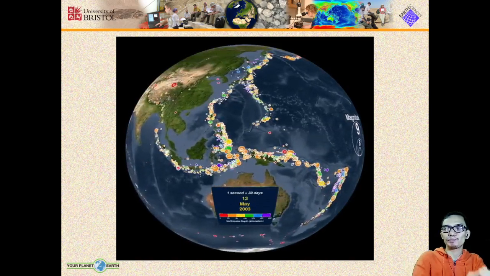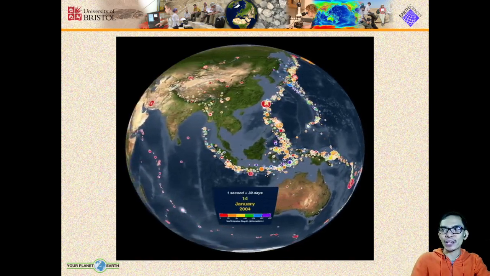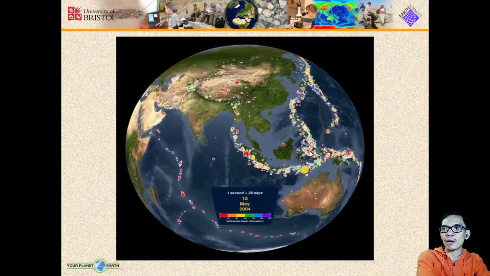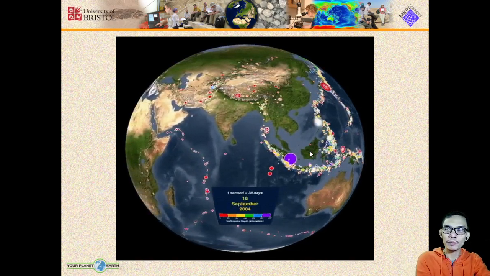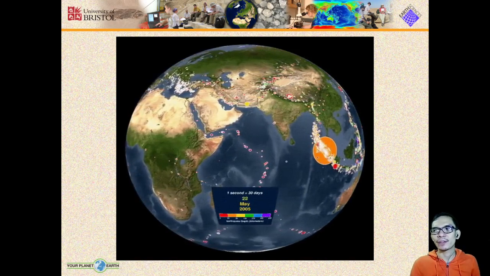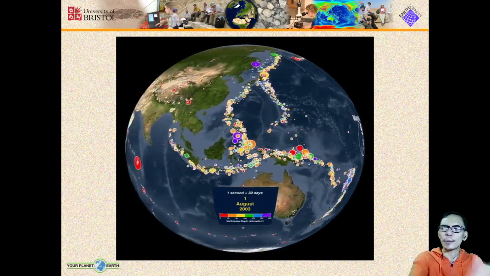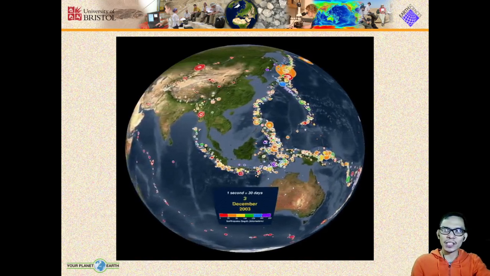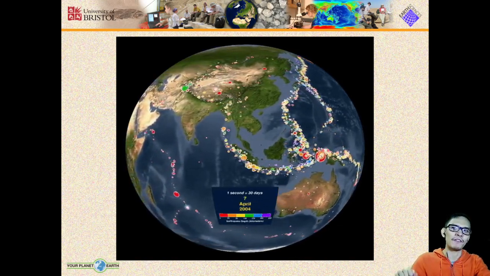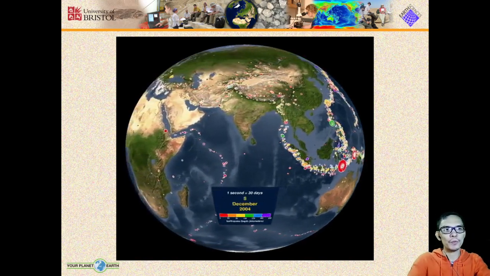There's no doubt that these earthquakes look like the shape of the plate boundaries that I taught you in the first module. Some of them have varying intensity, some of them are large, some of them have very small intensities.